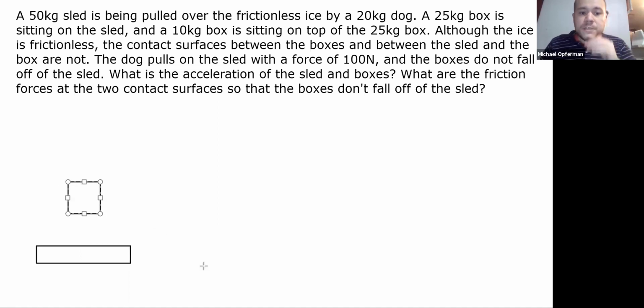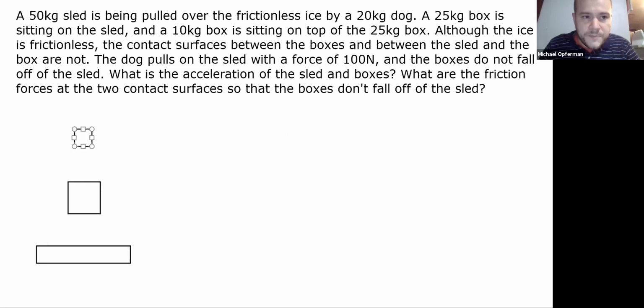Now, just as a little tip, for free body diagrams, you don't want to put them too close together because it starts to get really cluttered and confusing. So I'm going to put a little gap between them so that I can see what's going on, even though they're actually touching each other. And then on top of that, I have another box. Like here, let's say.